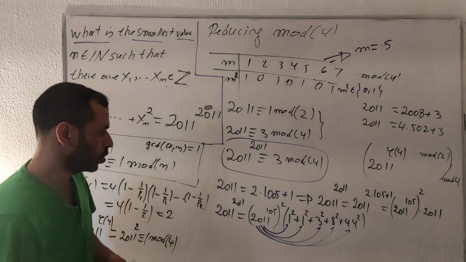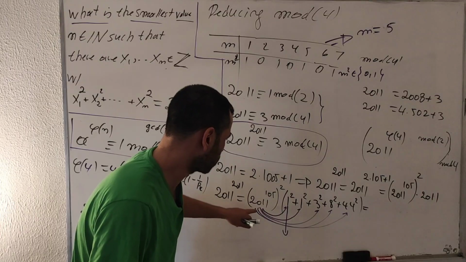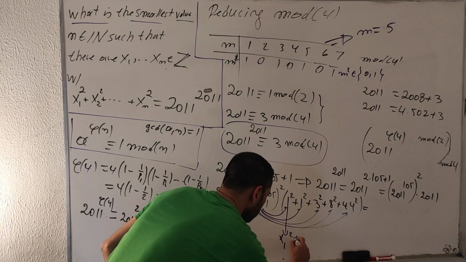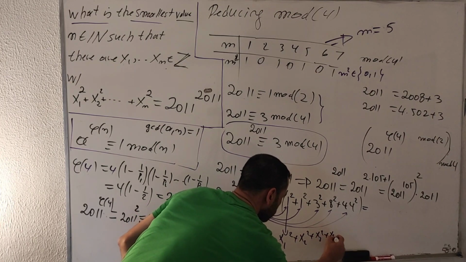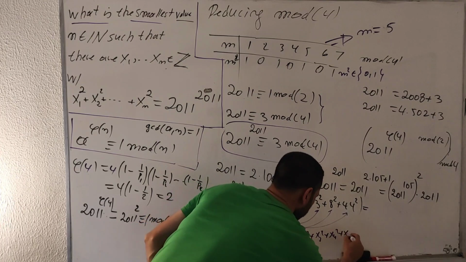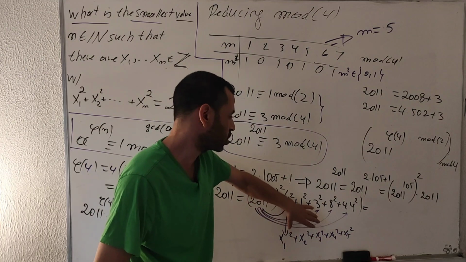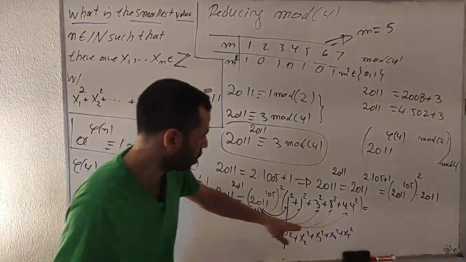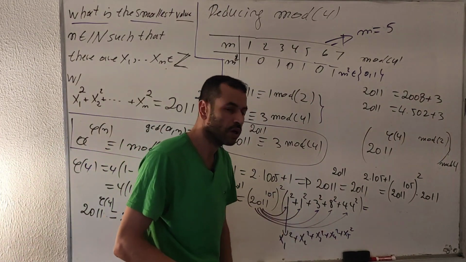After this distribution, you will get x1 squared plus x2 squared plus x3 squared plus x4 squared plus x5 squared. Now we have transformed the expression into this expression, with n equals 5 as the smallest value that we have. So I have done this problem.